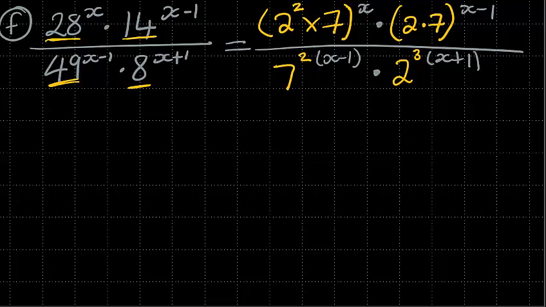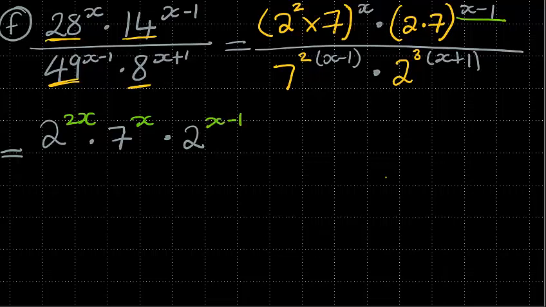Step 2 is to multiply this exponent with each one of those bases. So this is going to be equal to 2 to the power of 2 times x, which is 2x. Then I'm going to have 7 multiplied by 7 to the power of x. Then multiplied by 2 to the exponent x minus 1, and 7 with the exponent x minus 1.